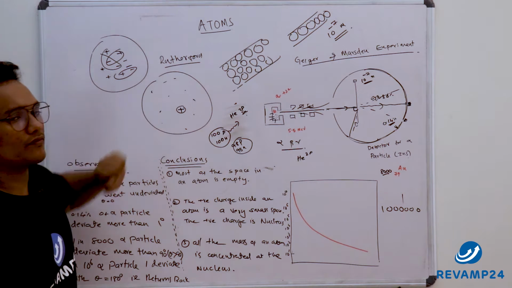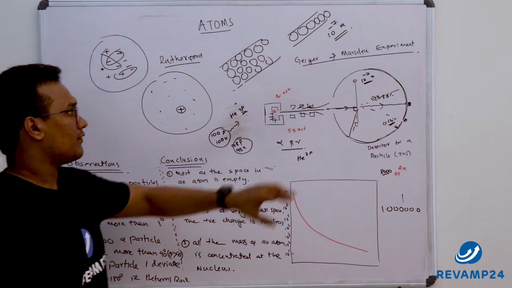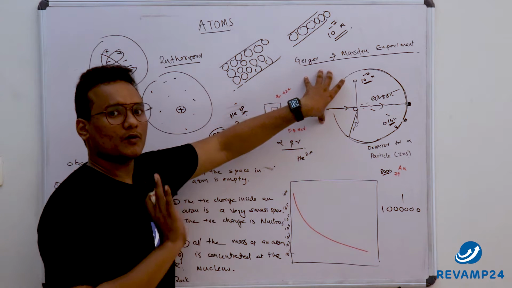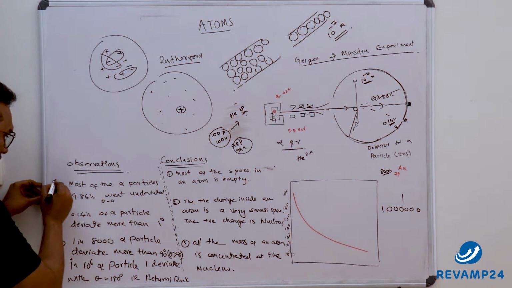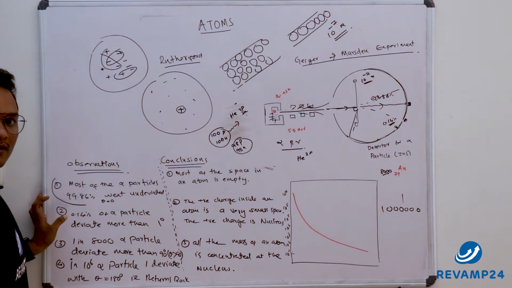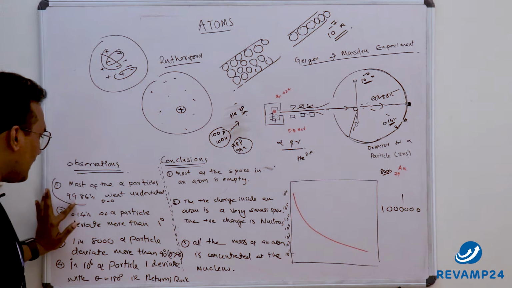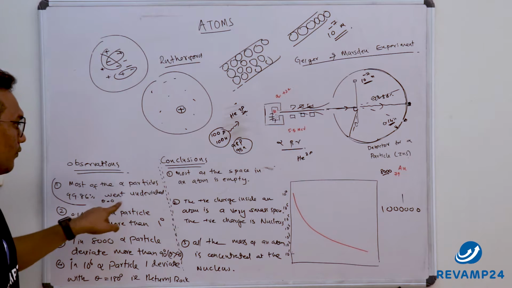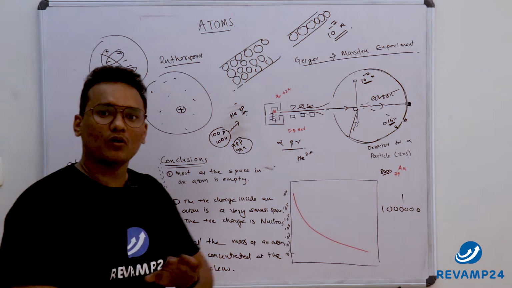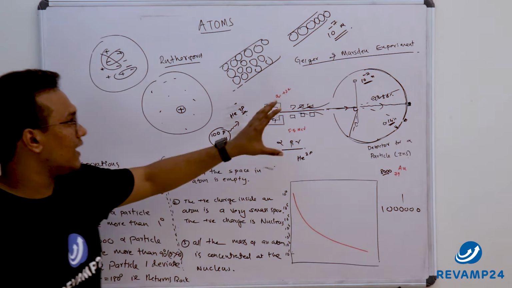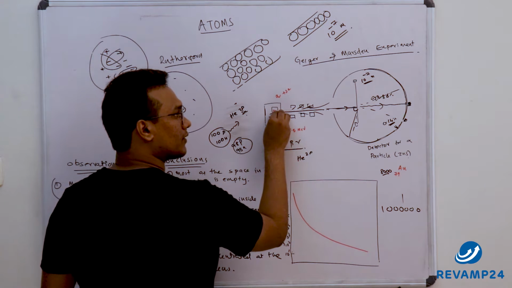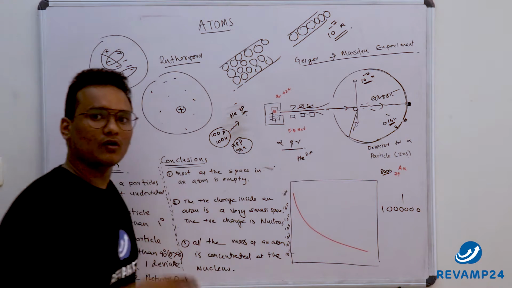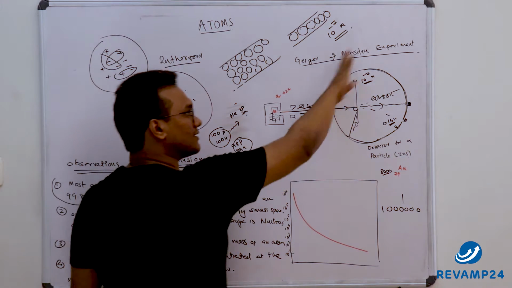Who is that? Rutherford. But Rutherford initially rejected the observations. Why? Because he saw the majority value, the first observation. What was the first observation? 99.86% went undeviated. He said that it is not possible. If that happens, it means that if I am sending 100 alpha particles from here and 99 go undeviated, there is nothing here.